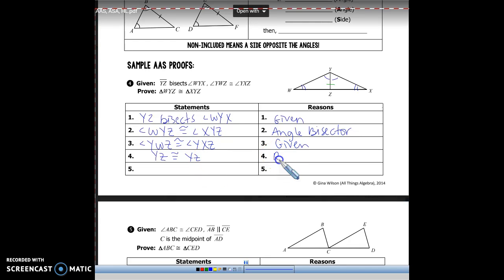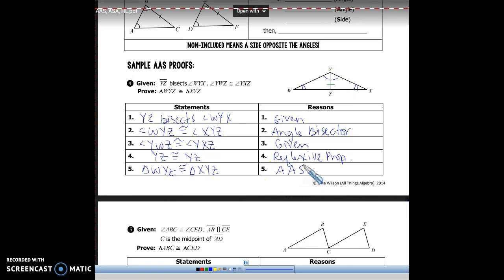That is the reflexive property. Therefore, I've got enough information so I can prove that triangle WYZ is congruent to triangle XYZ, and we can do that by angle, angle, side.